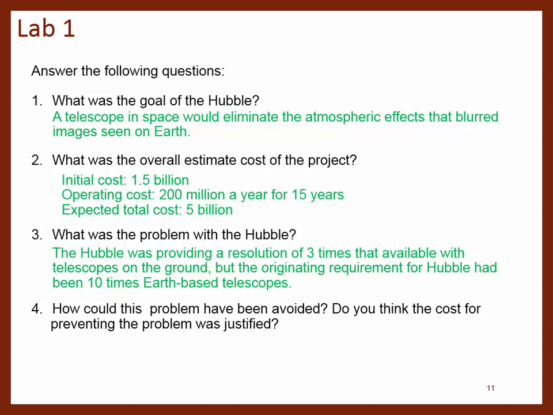That was the problem. They did some testing, but they didn't test the system together, right? So without testing the performance of the system as a whole, they were not 100% sure that the system was going to perform in space.